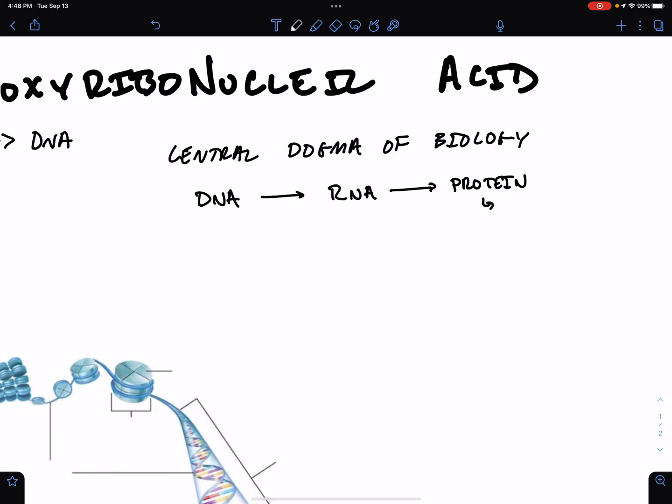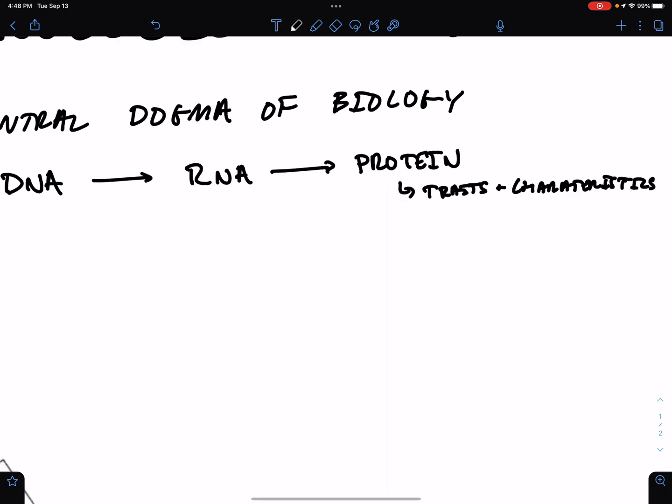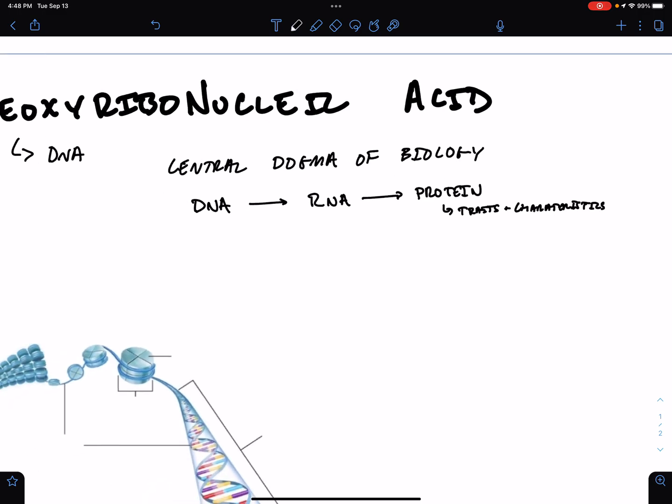And protein leads to the traits and characteristics that living things have. More on this flow later.